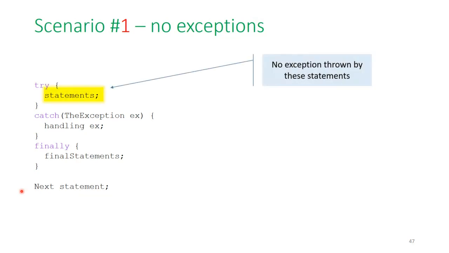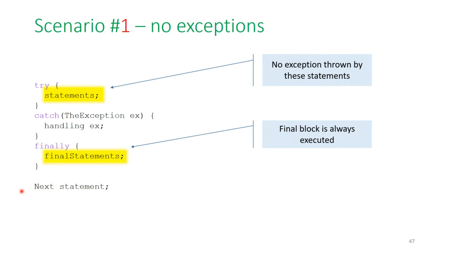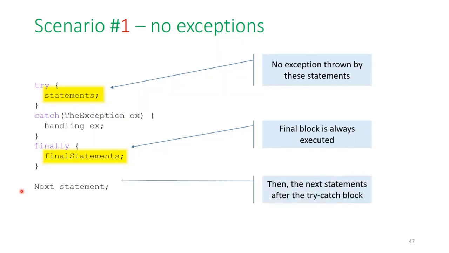The statements get executed, no problem. I told you that even if there is no exception, the finally block gets executed. So all of those statements get executed as well, and then we go out of the try, catch, finally block, and I execute whatever is left in this method. So this is a normal flow of execution.